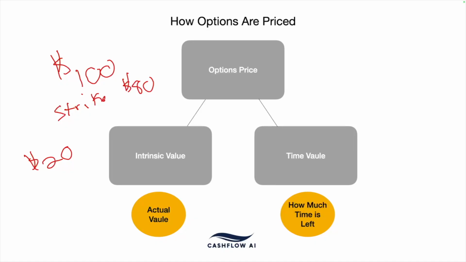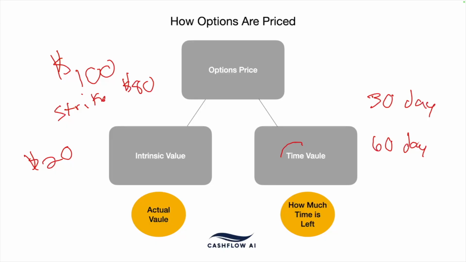And then if you remember from before, I was using insurance as an example. If you bought a 30-day policy, you would pay one price for it versus if you bought a 60-day policy for car insurance. And so you're going to pay more for the 60-day than you would for the 30-day.